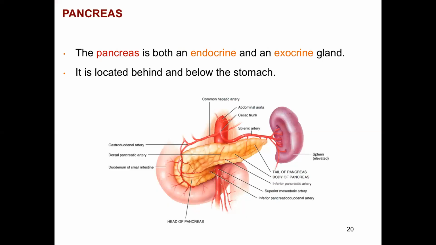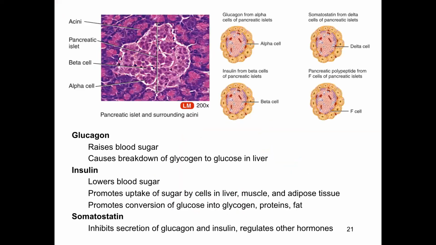Only little bits of the gland are endocrine, and those little bits where the endocrine secretions are produced are called islets, or islands, within the rest of the pancreas, which is made up of acini, which we'll talk about later when we talk about digestion, okay?